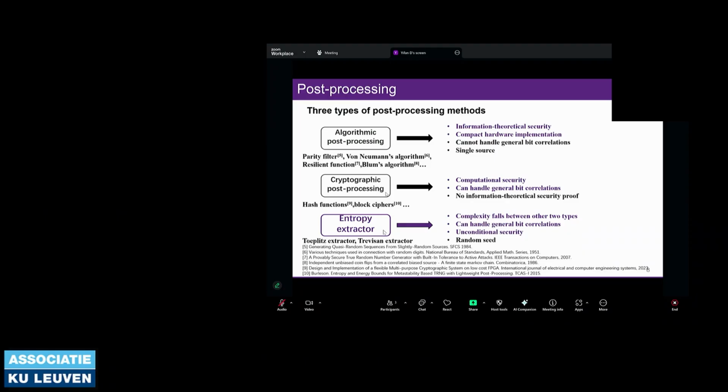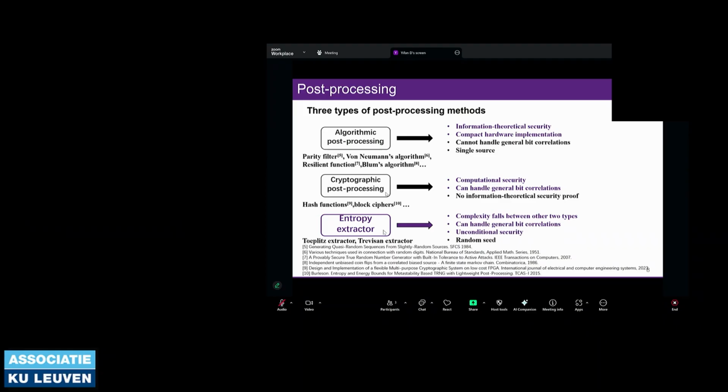These are properties of 3 types of post-processing methods. The algorithmic methods are very simple and efficient with information theoretical security, but can't handle complex correlations. The cryptographic methods can eliminate correlations, but have no information theoretical security proof.